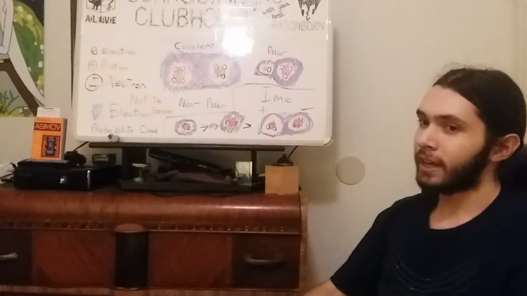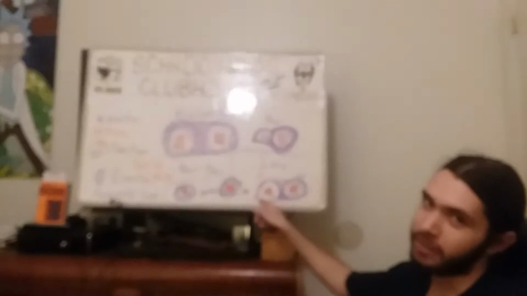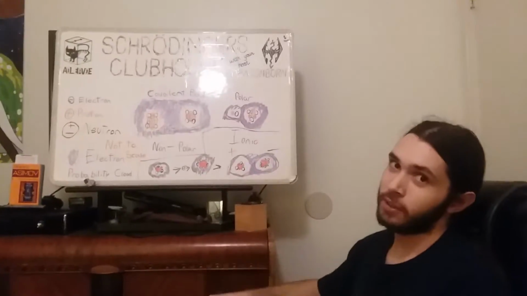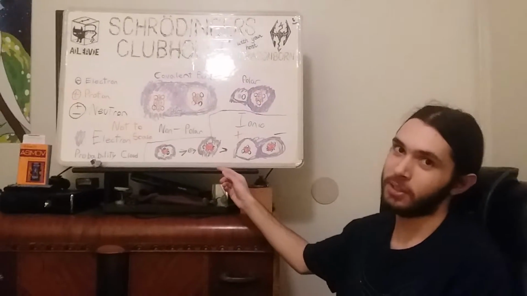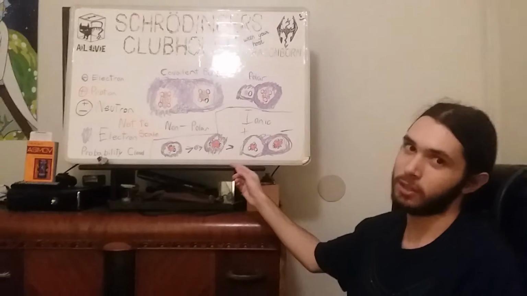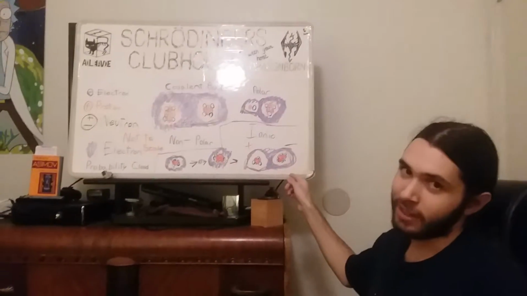Now, an ion is an atom with an imbalanced charge. A positive ion is called a cation. So just think of a cat meowing every time you hear talk about a positive ion. A negative ion is called an anion.